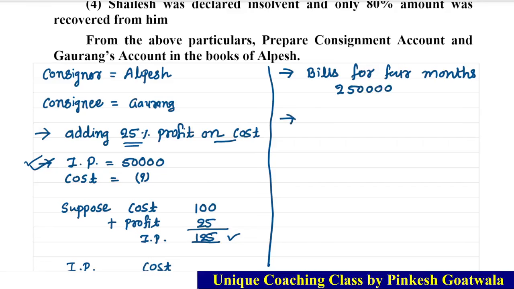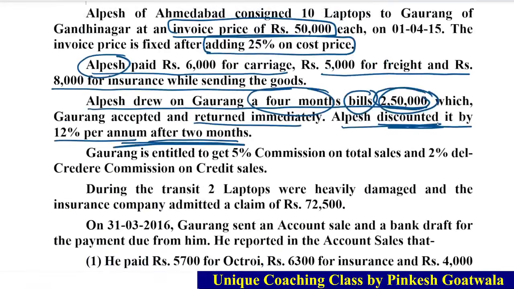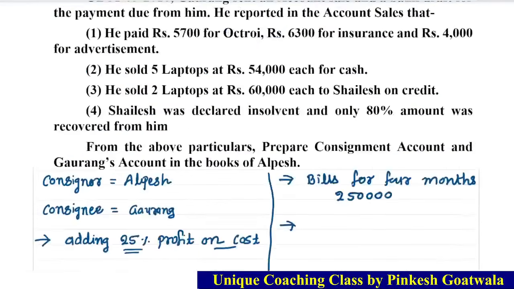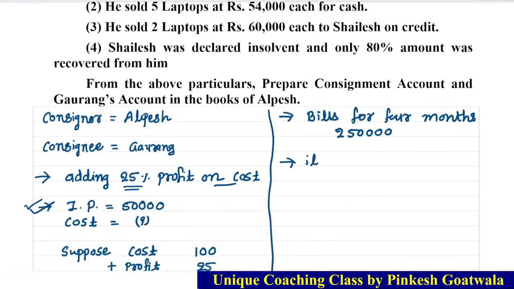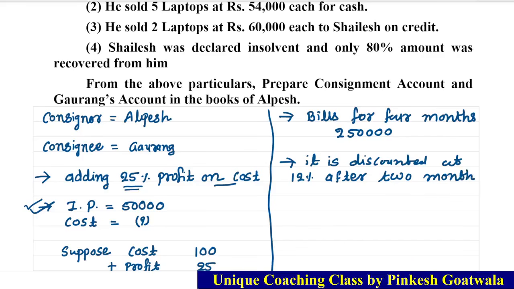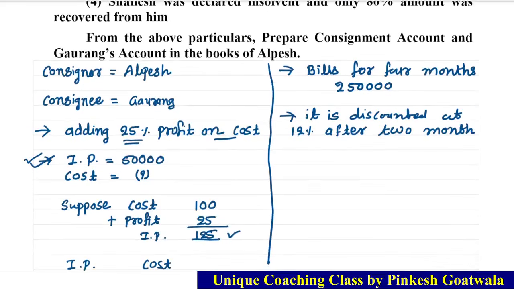And the second point, it is discounted at 12% per annum after 2 months. Right now, first of all, let's forget these parts.